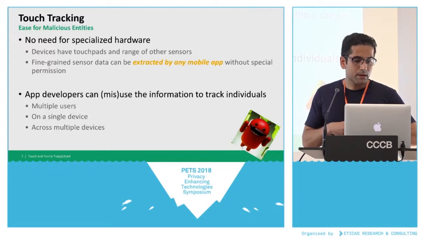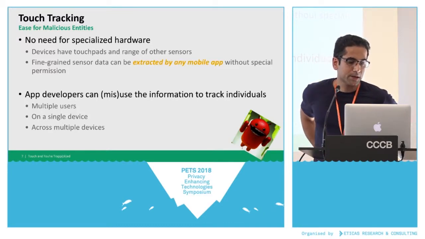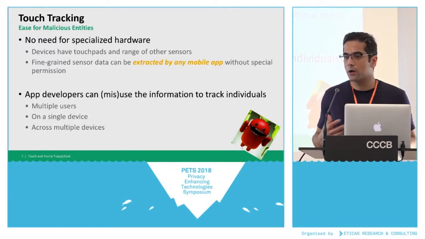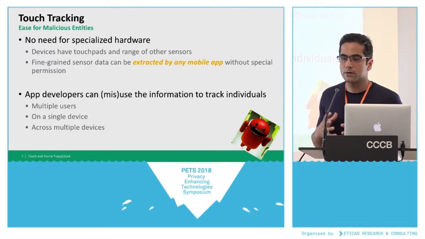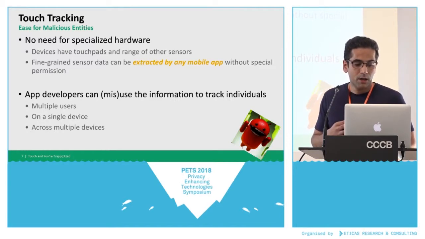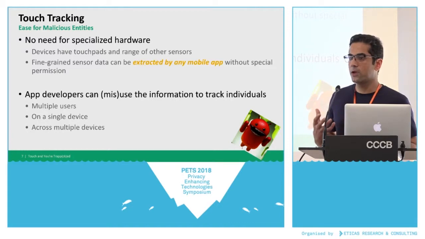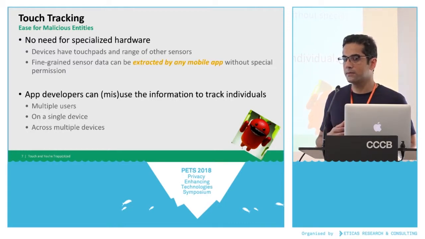This way of tracking is particularly dangerous in our opinion because it's not that difficult to do. It requires no specialized hardware. Many of today's devices come with a touchscreen or touchpad, and also a host of other sensors which could easily be used to track users.